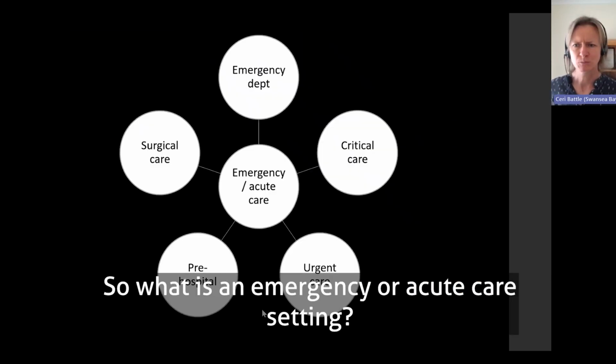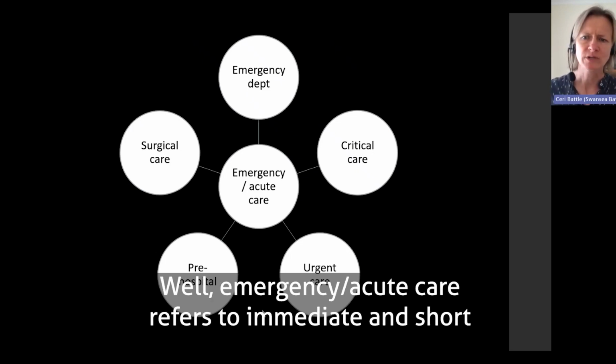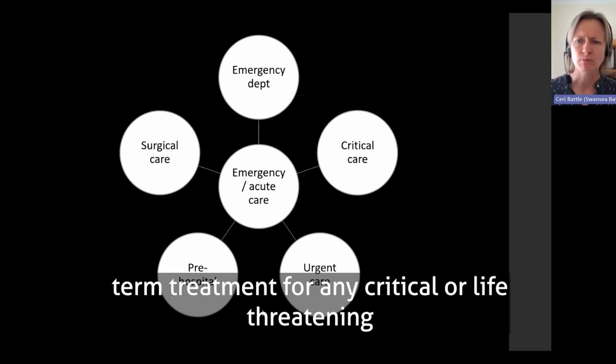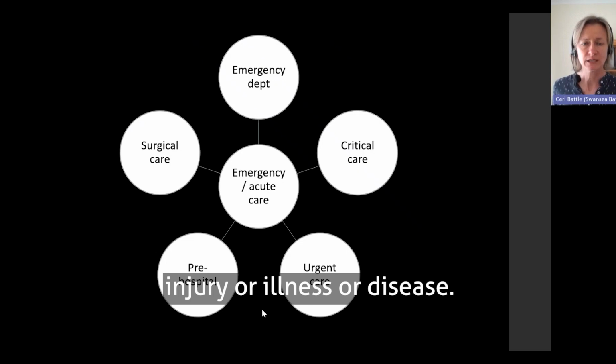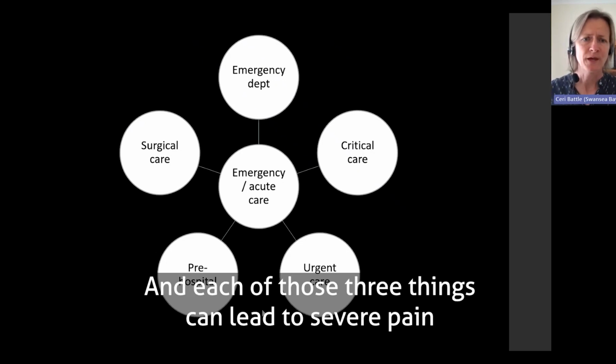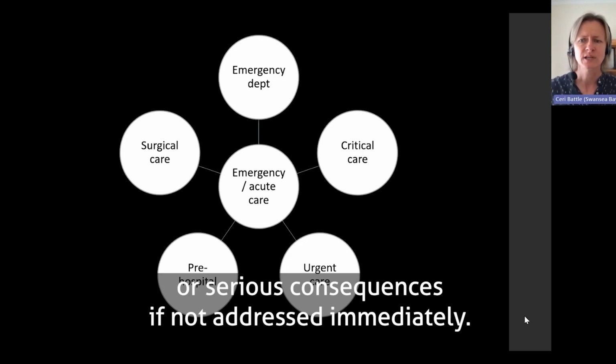So what is an emergency or acute care setting? Well, emergency acute care refers to immediate and short-term treatment for any critical or life-threatening injury or illness or disease. Each of those three things can lead to severe pain or serious consequences if not addressed immediately.